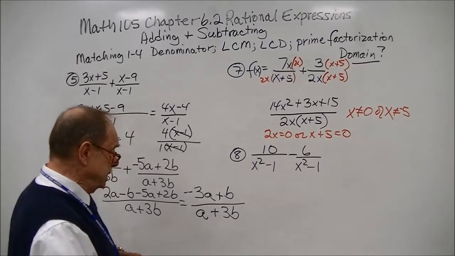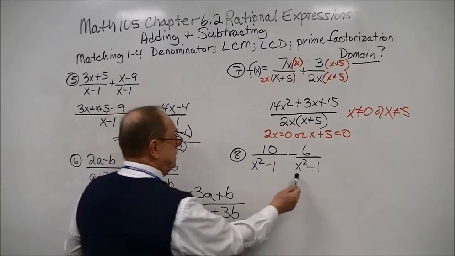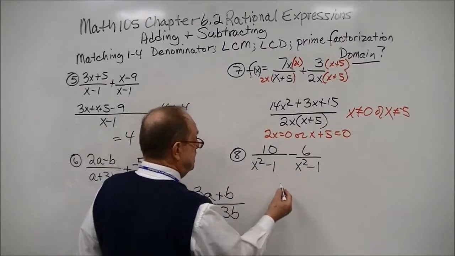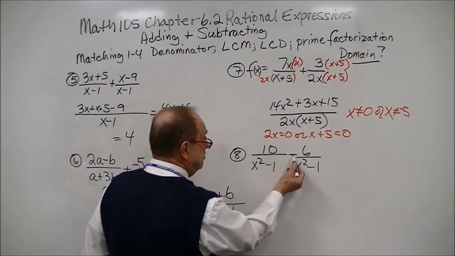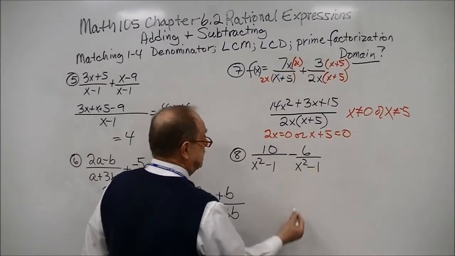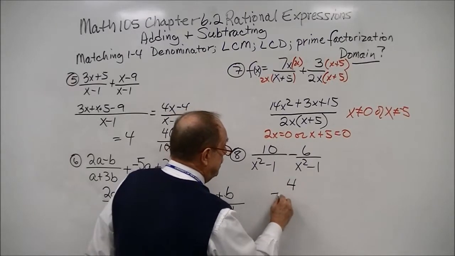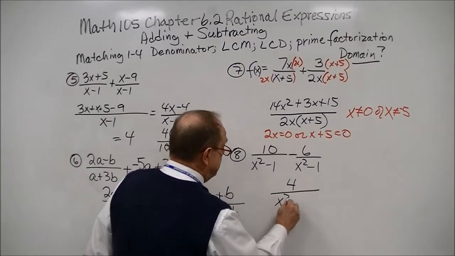Now in number 8, there is a common denominator here, and this is going to become just 10 minus 6. That's going to be a 4 over x squared.